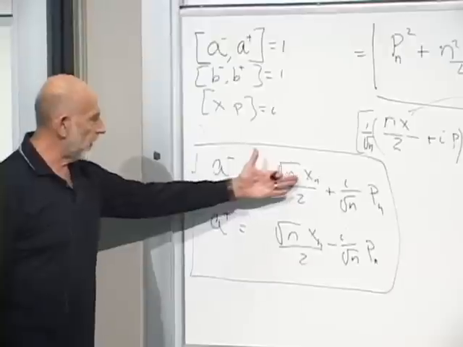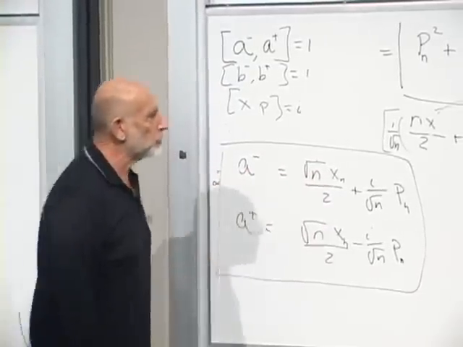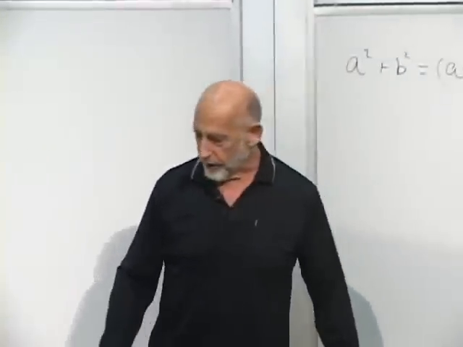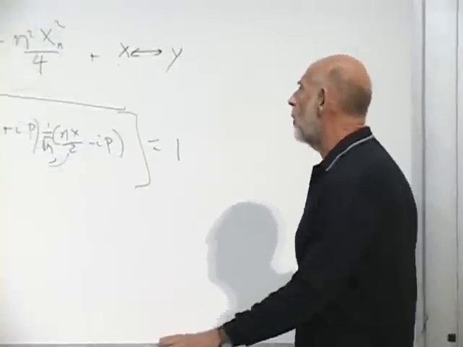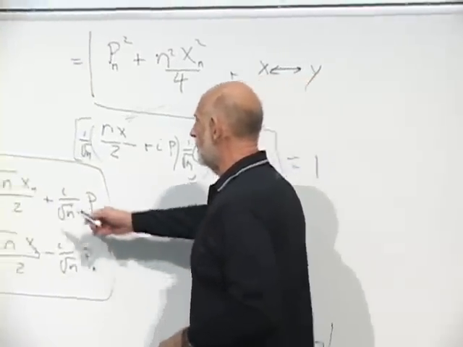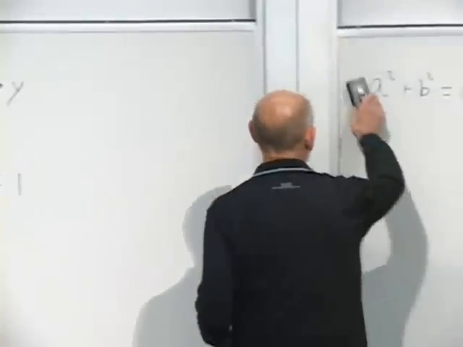How can I solve this to find out what x is in terms of the creation and annihilation operator? This is something we'll use later. I'm not sure we'll use it tonight or not. But what I want to write is the coordinate position of the string in terms of the creation and annihilation operators. That will turn out to be quite useful.